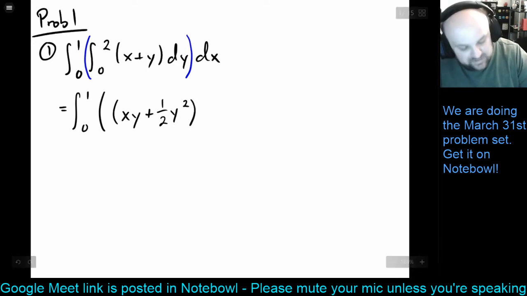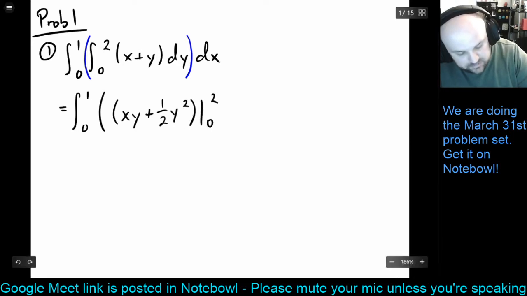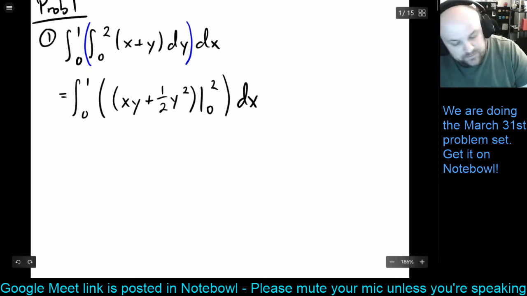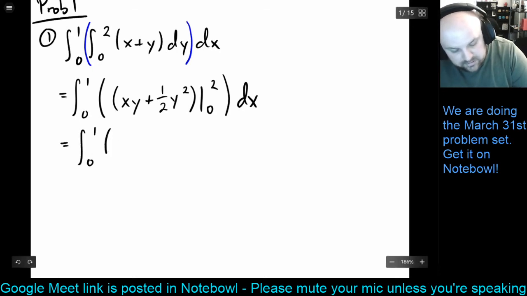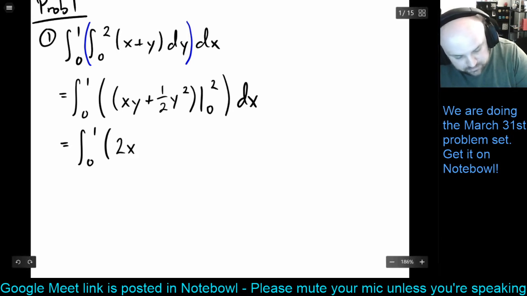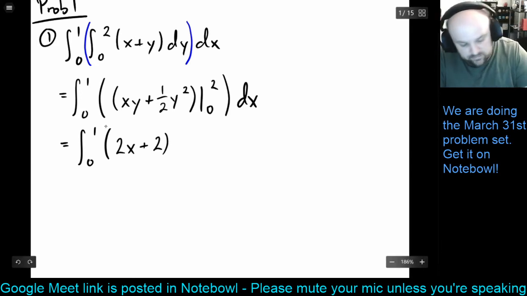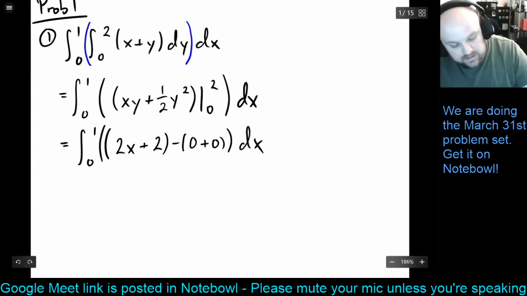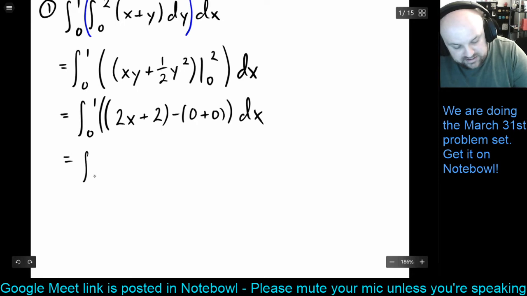Then we evaluate that from 0 to 2, and the dx just hangs out for now. We compute the inside first, from 0 to 1. Plugging in 2 for y, we get 2x plus 2, and then subtracting, plugging in 0 gives us 0 plus 0. So now we're down to the integral from 0 to 1 of 2x plus 2.